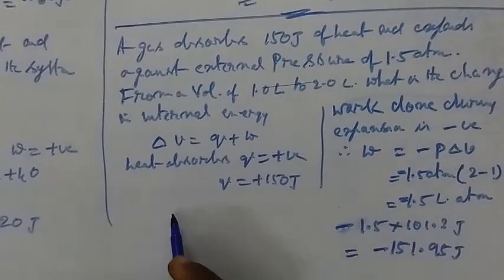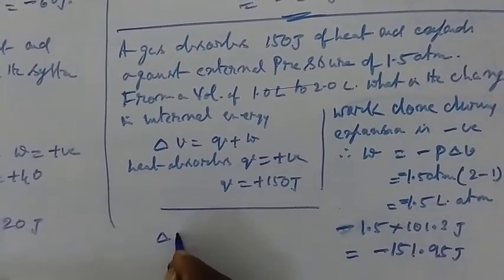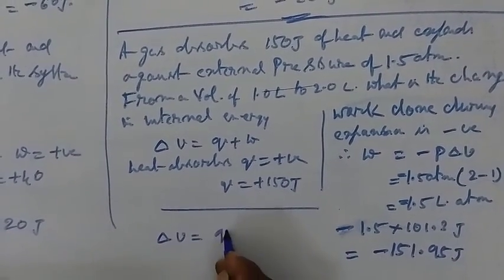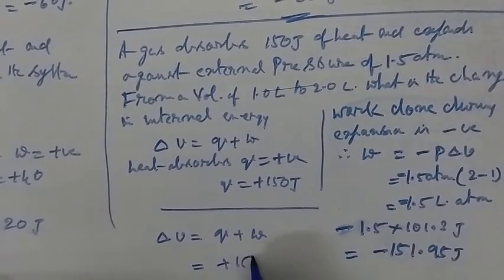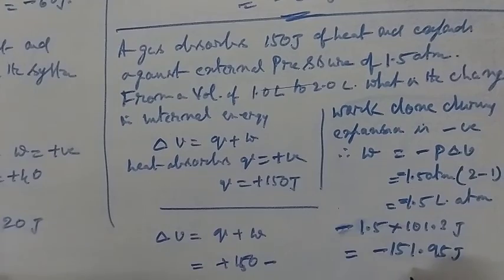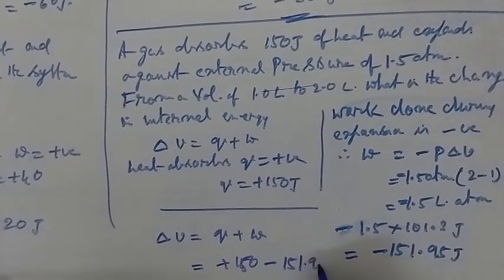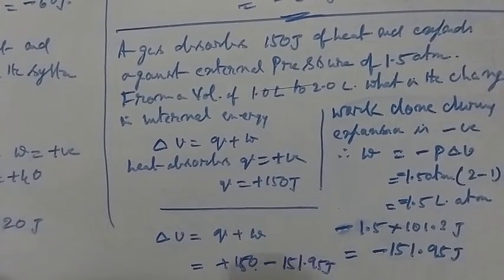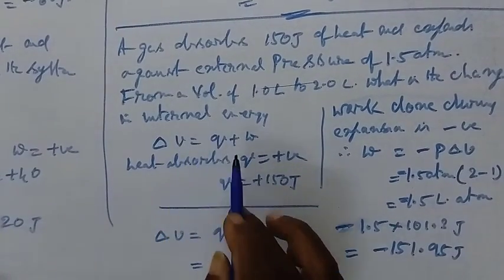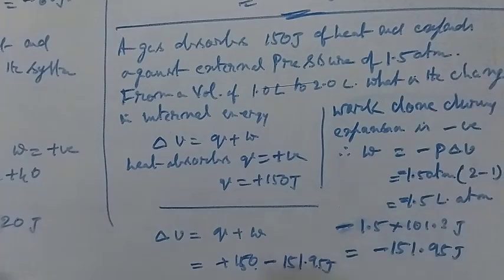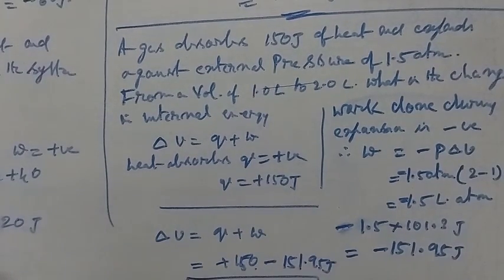Now internal energy, delta U equal to Q plus W. Q here is plus 150, and W is minus 151.95 joule. So this is minus 1.95 joule. Therefore during this process the change in energy is minus 1.95 joule.